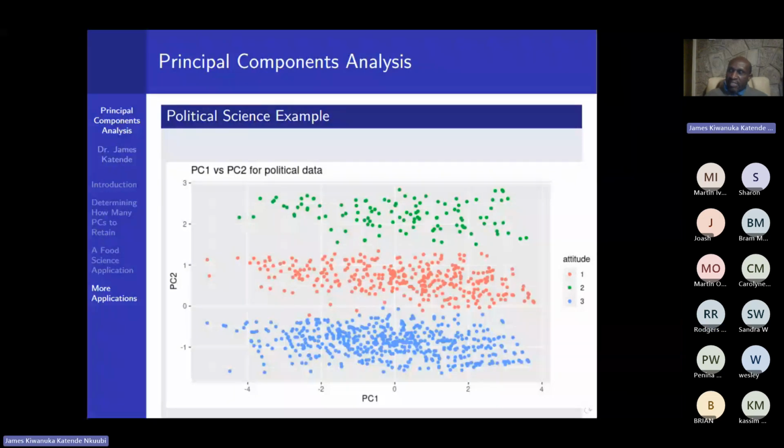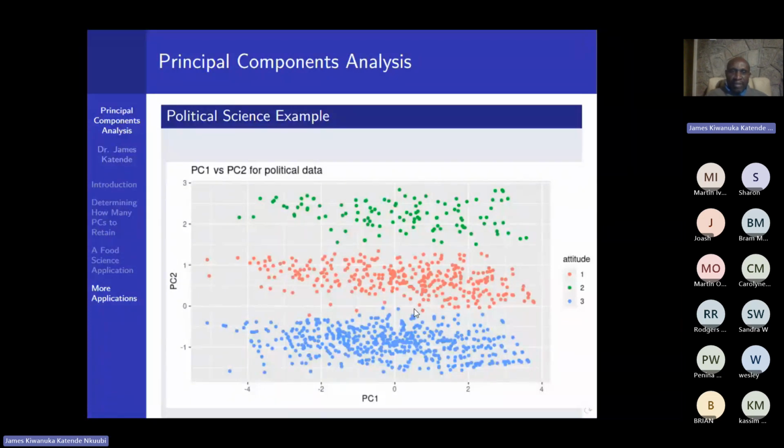Outliers: PCA can actually be used for identifying outliers. If you have a data set with many variables, it's very difficult to identify an outlier by just looking at the data. But now you can see points like this. You can now go back to the data file because they are quite separated from the rest.